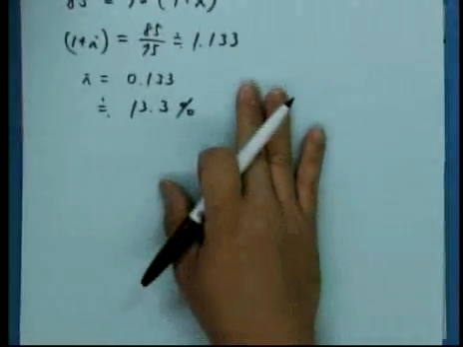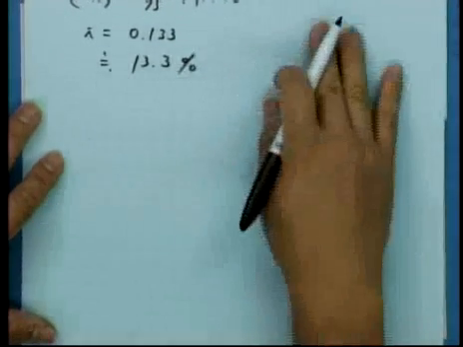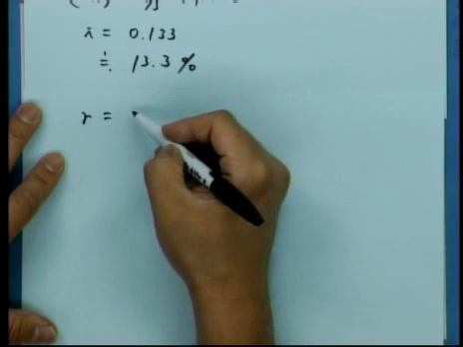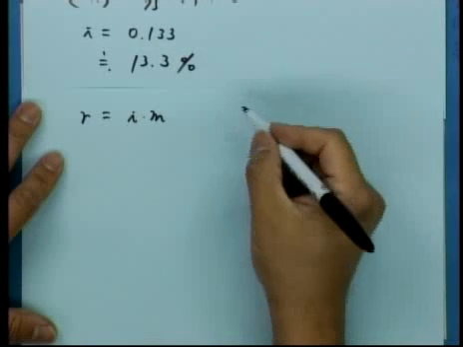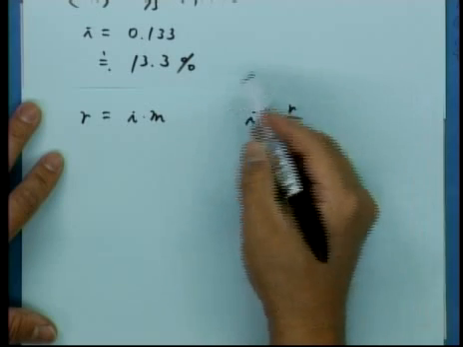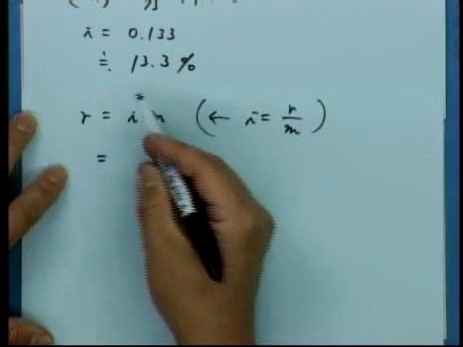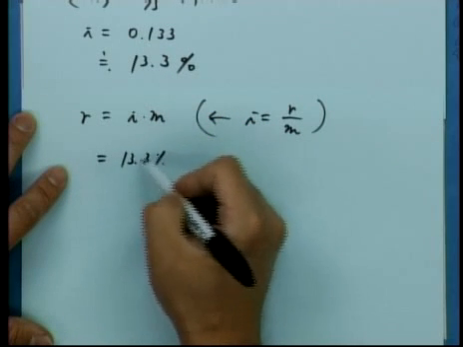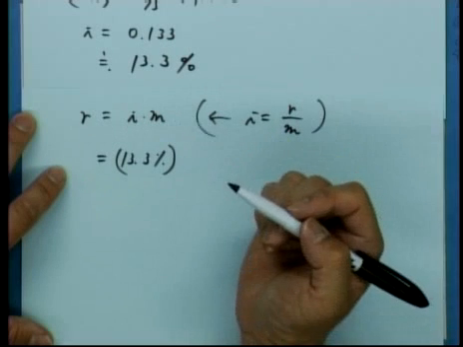Now, using the relationship r equals i times m, okay? Because we know that i equals r over m, right? Here, i is 13.3%, and m is 2, right?